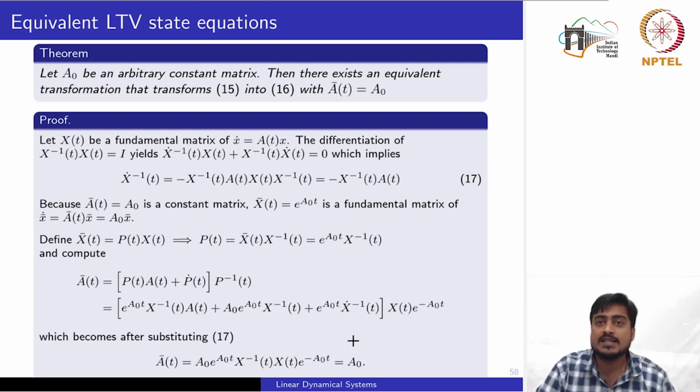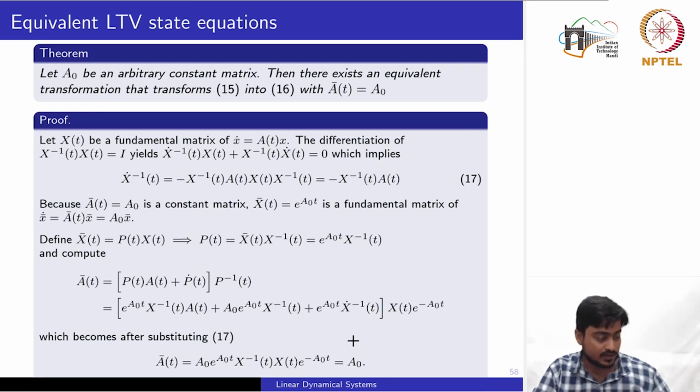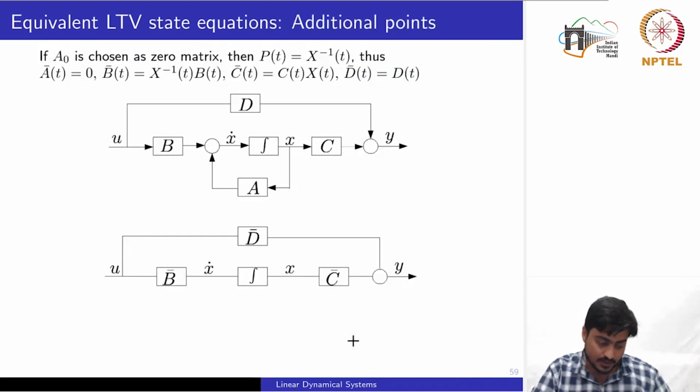So this is one of the important results in the sense that I can replace the state matrix of the time varying system with a time invariant one. Because for the LTI case we have the state matrix as a time invariant matrix which does not depend on time. So if A naught is chosen as a zero matrix, then P of t is basically given by the inverse of x, and I can replace A bar, B bar, C bar, D bar by these equations where A naught is my zero matrix.